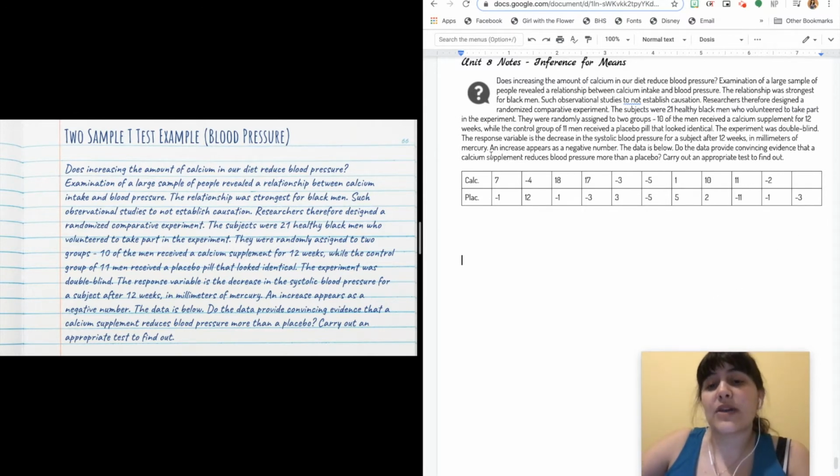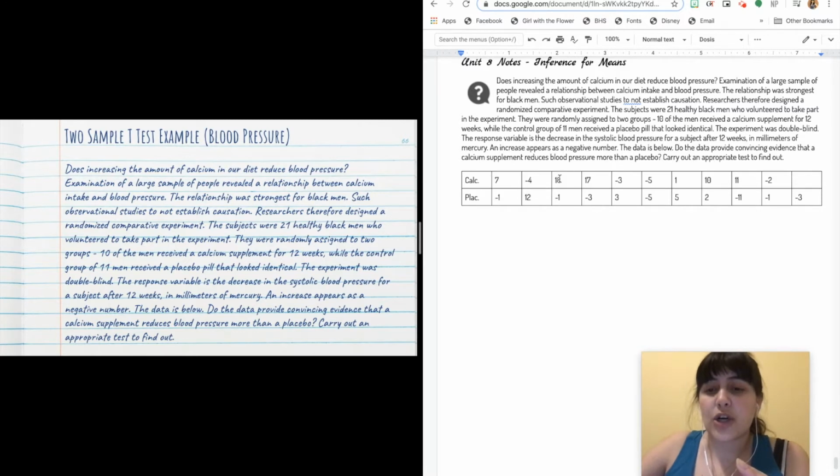One thing that I would like you to notice is this right here. It says an increase in blood pressure appears as a negative number. So if I want my calcium pill to work, I want big positive numbers because that means a big reduction in blood pressure. For example, this number right here, the 18, that's looking good for the calcium pill.